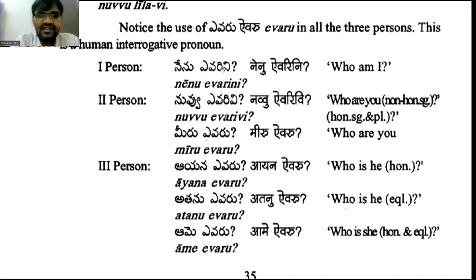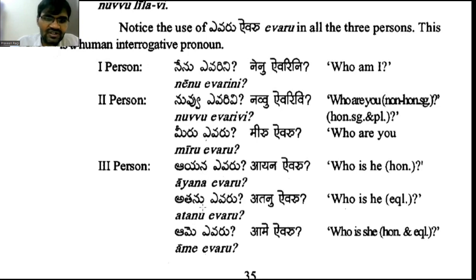Similarly, who are you? Nuvu Evarivi. It's okay to say Nuvu Evaru, but Nuvu Evarivi is the proper structure. For Miru, we don't say Miru Evarivi. It is not correct. It is only Miru Evaru. Who are you? This is plural or honorific.